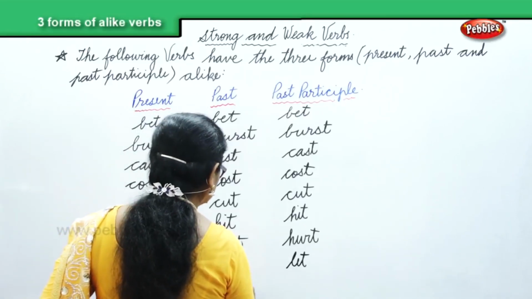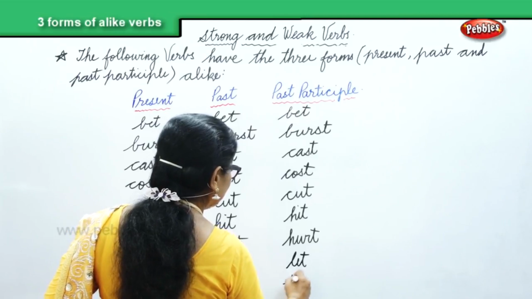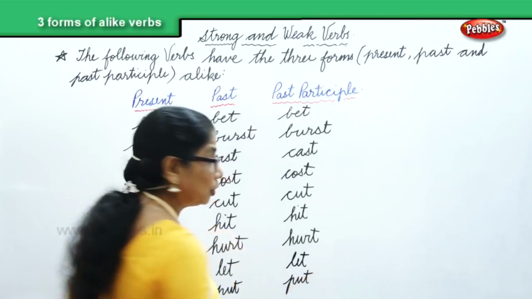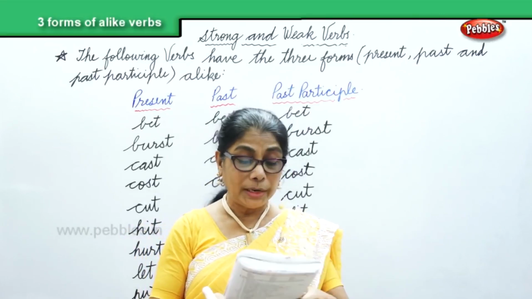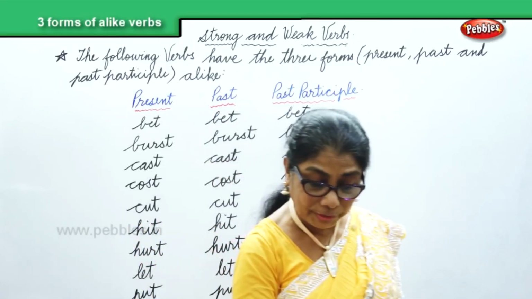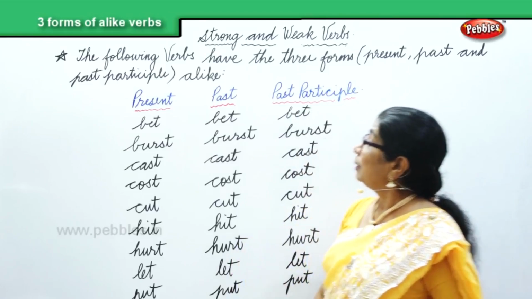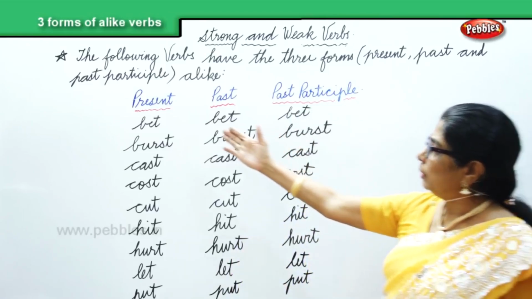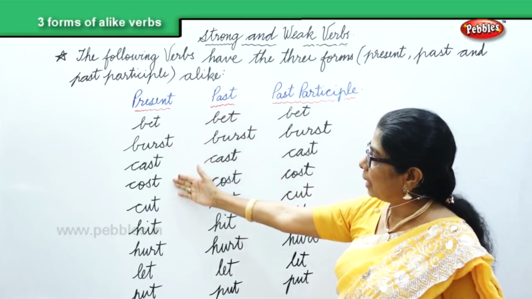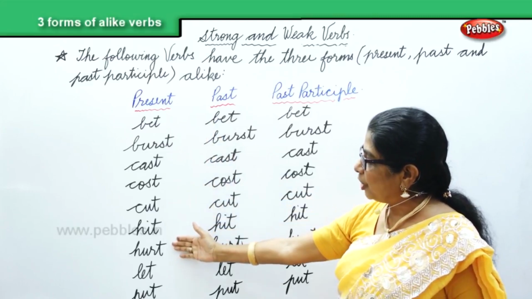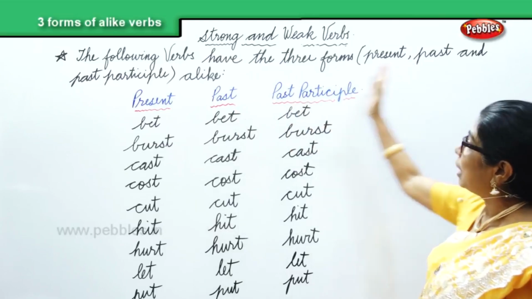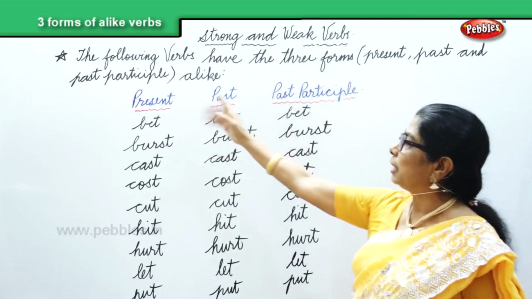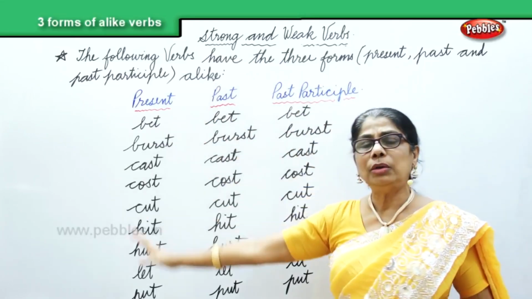You put on your shoes. Present, past, all put. So now we have several words more, but let's look at what we have done so far. The following verbs, all these verbs, bet, burst, cast, cost, cut, hit, hurt, let, put, all these words have three forms, present, past and past participle alike, all the same.